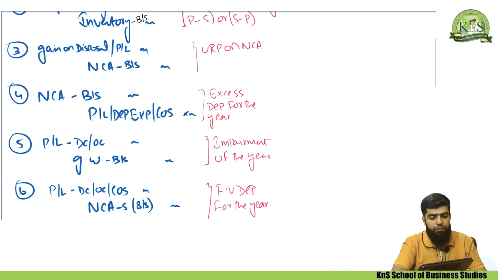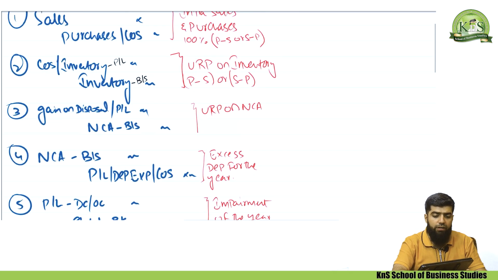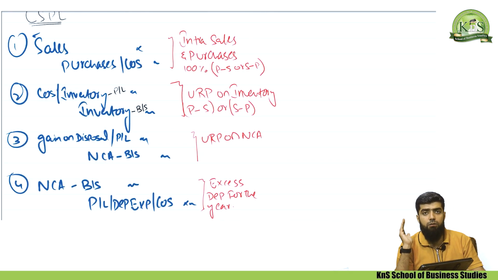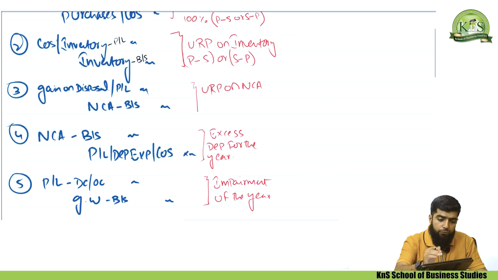One more thing that you need to keep in mind: if the parent company acquired S company, the subsidiary company, in the middle of the year, it means the line items of the subsidiary company need to be apportioned over the post acquisition months. But there are also certain adjustments that need to be apportioned.